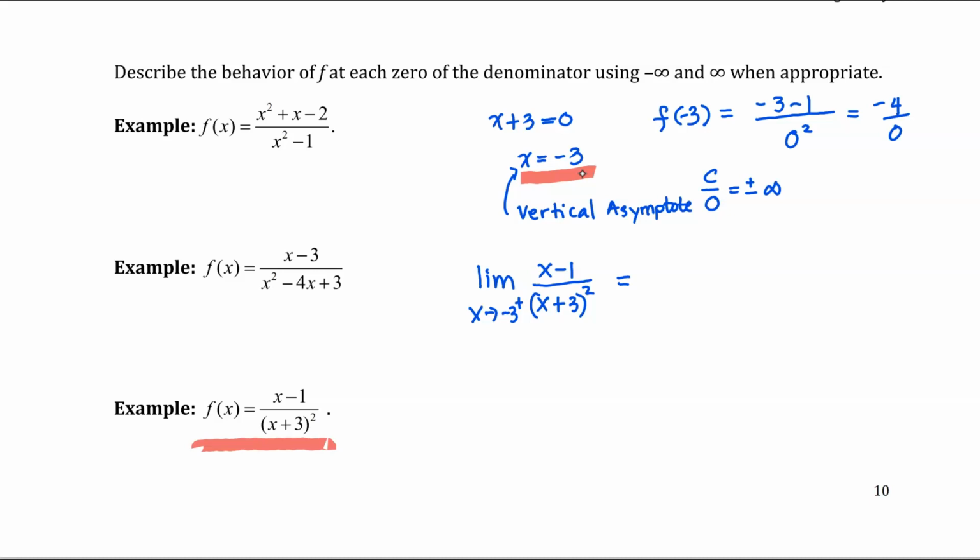So we do that by plugging in -3 to the expression here. We have the same value, -4 over 0. The next is we determine the sign of 0. Now notice that this expression here is raised to 2.